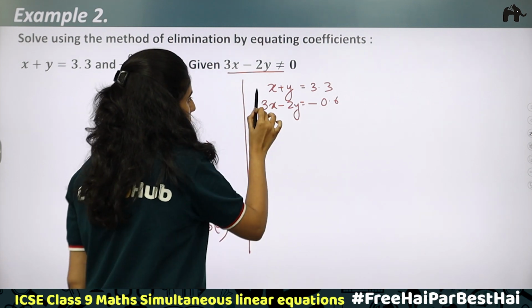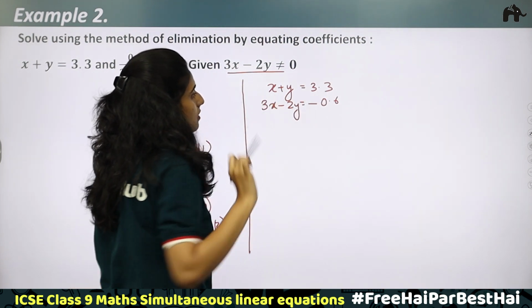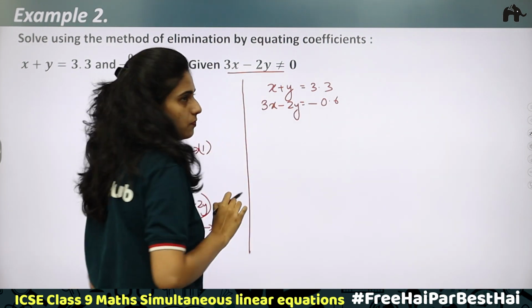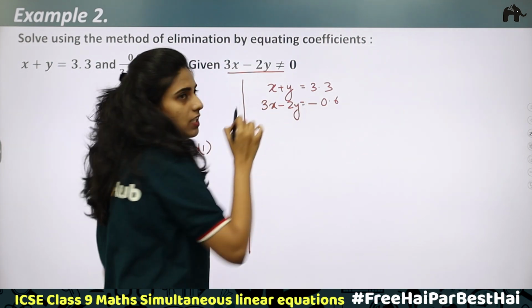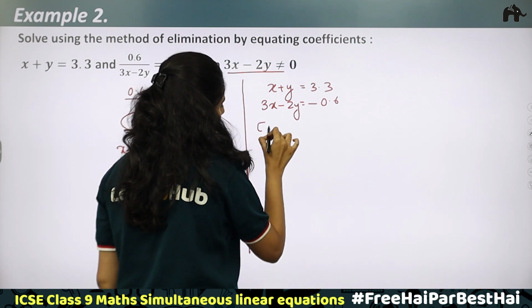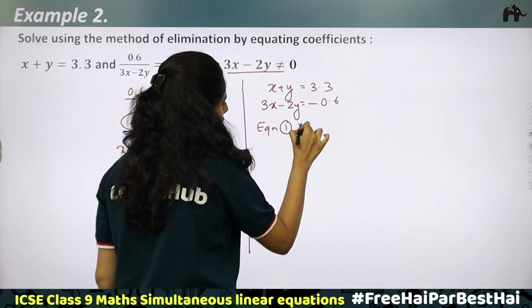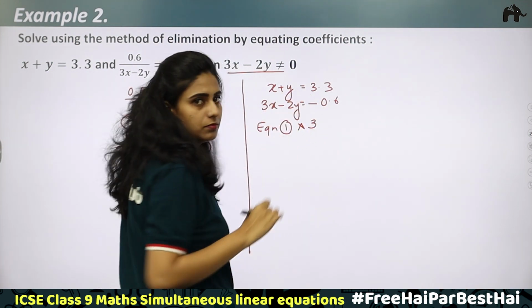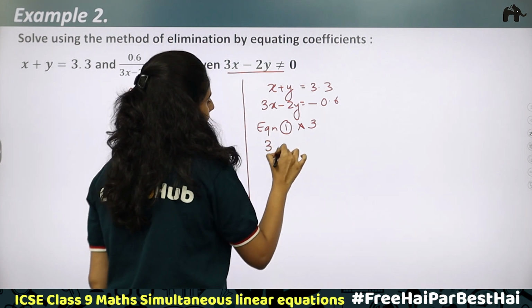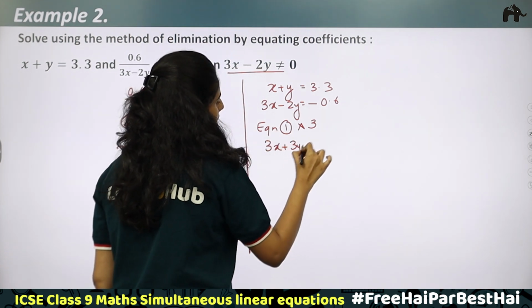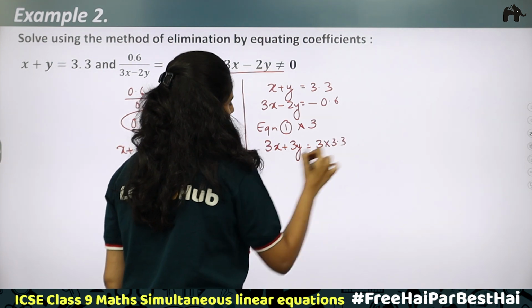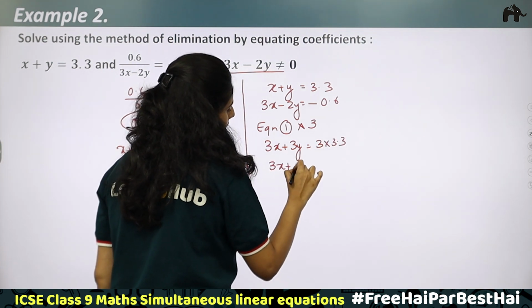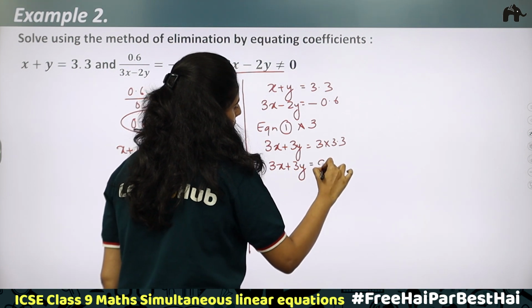For that you have to multiply the whole of the first equation with minus 2. So here we are going to multiply the whole equation with 3. Equation 1 into 3. What do we get? 3x plus 3y is equal to 3 into 3.3. That is 3x plus 3y is equal to 9.9.